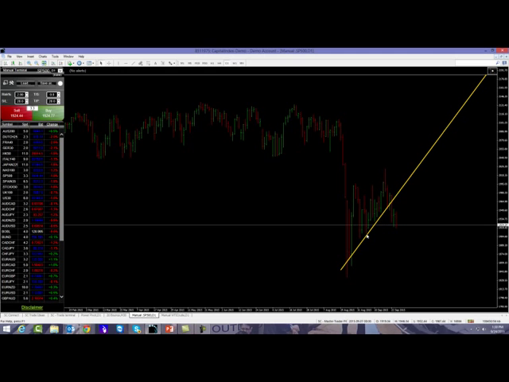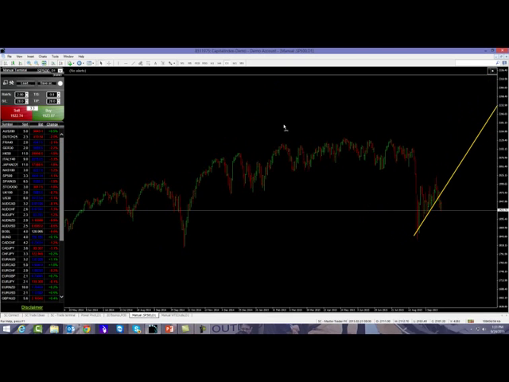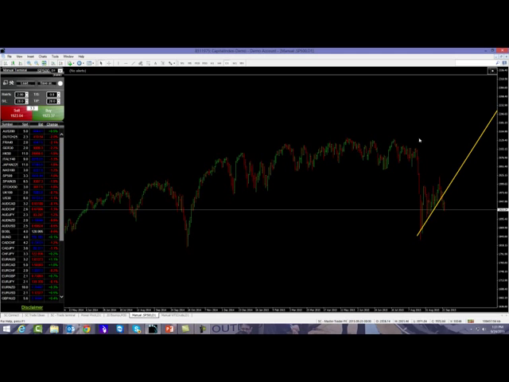So this line has now been broken. So it's now more bearish than bullish. It was bullish, then ranging, then bearish. It got trapped in here, and now it broke through this little mess here. It broke through the downside. Okay, so it's starting to look bearish again.